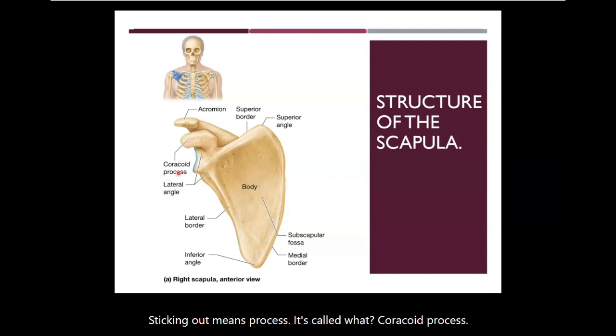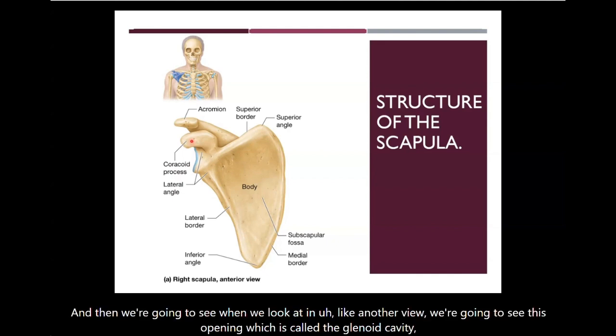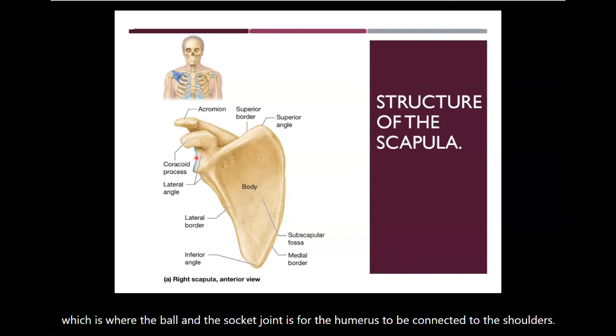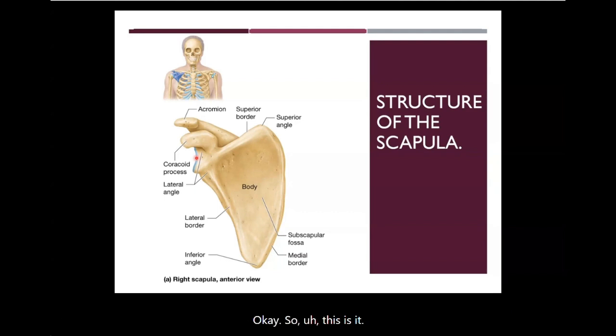It's called the coracoid process. When we look at another view, we're going to see this opening, which is called the glenoid cavity, where the ball and socket joint is for the humerus to be connected to the shoulders.